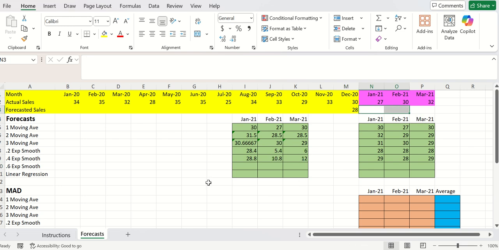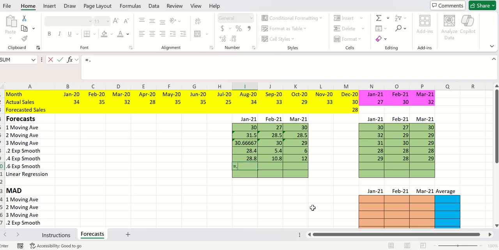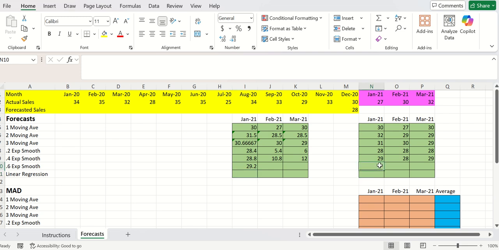Hopefully you get the point so that you can go ahead and do the next one. However, just to make sure we get it right, exponential smoothing with alpha 0.6: 0.6 times the actual, plus 1 minus 0.6, which is 0.4, times the forecast. 29. 28.